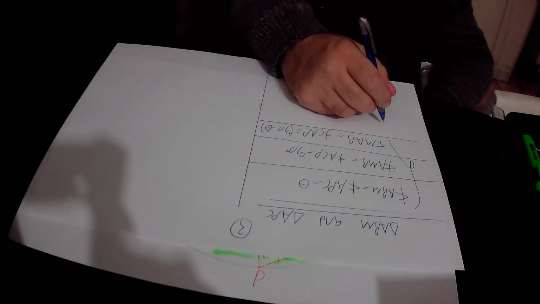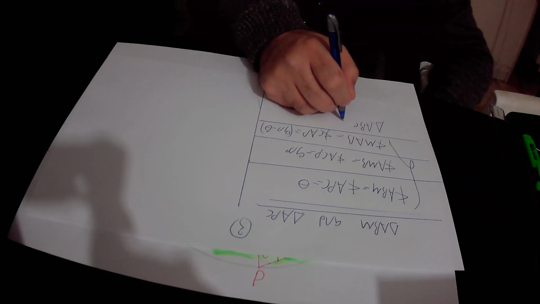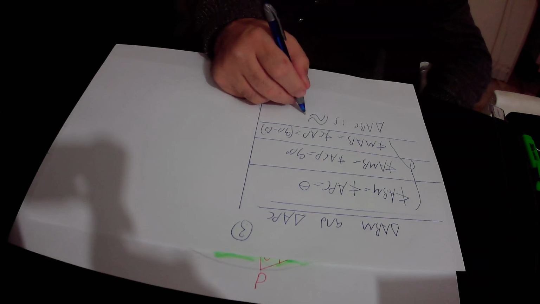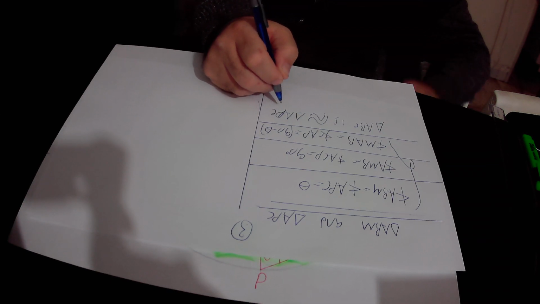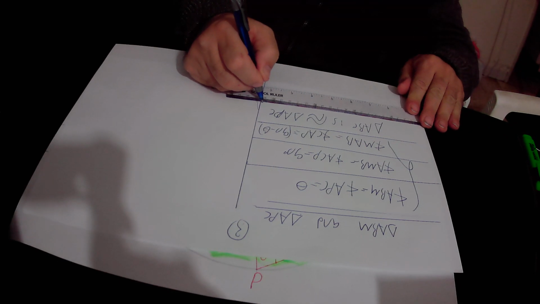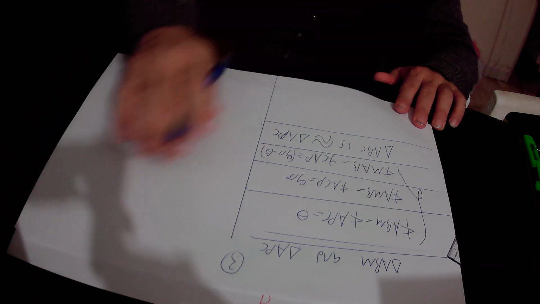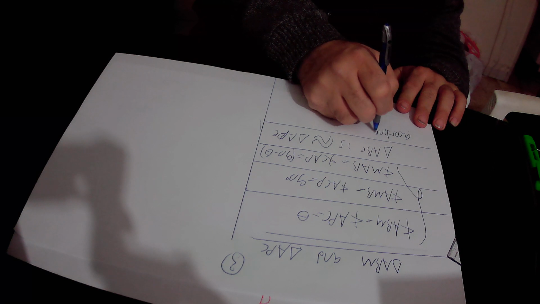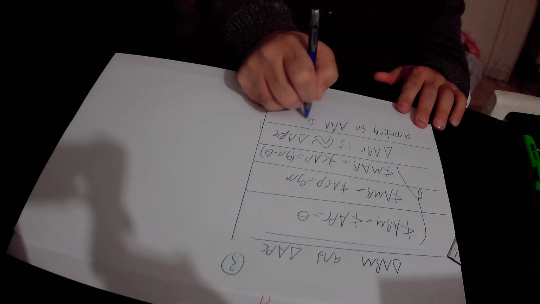The right triangle ABM is similar, this is the sign of similar, to the right triangle APC, according to angle similarity rule.